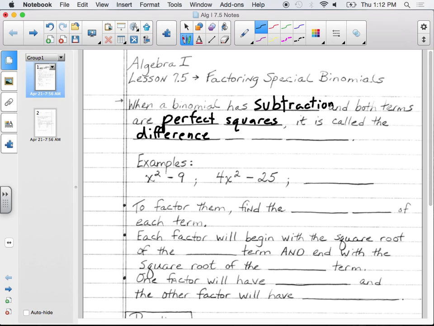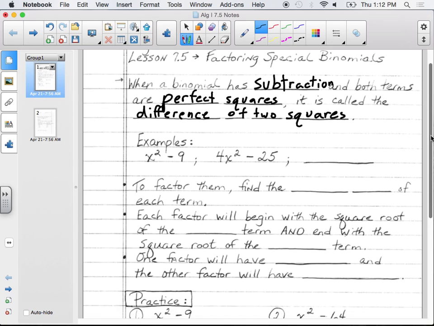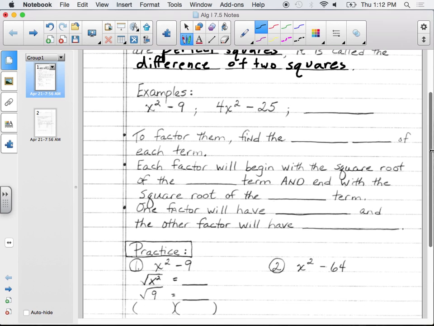So on those problems, how many terms do we have in there? 2. The difference of 2 squares. Alright, so just right below that we just have some examples of differences of 2 squares.